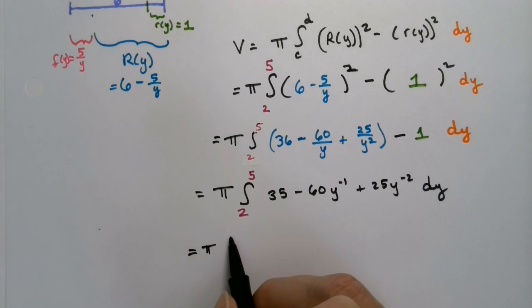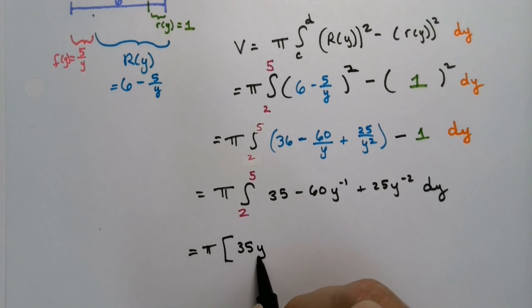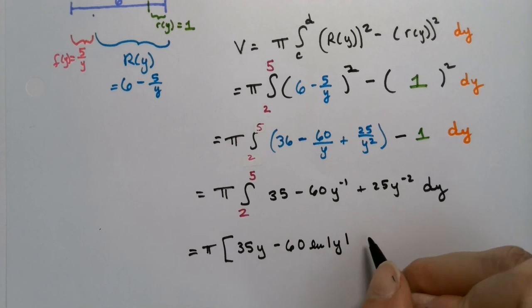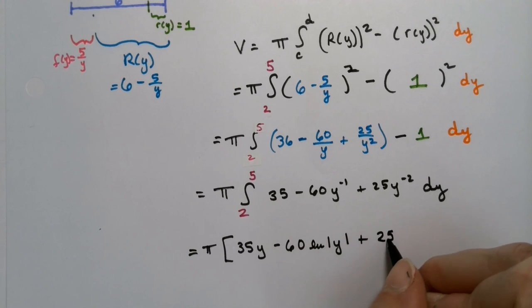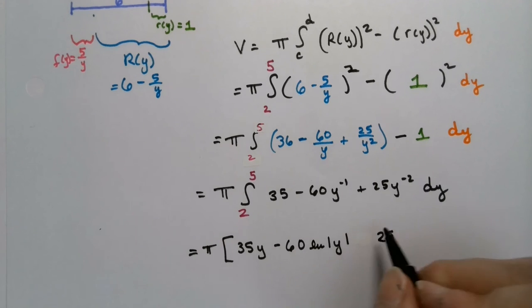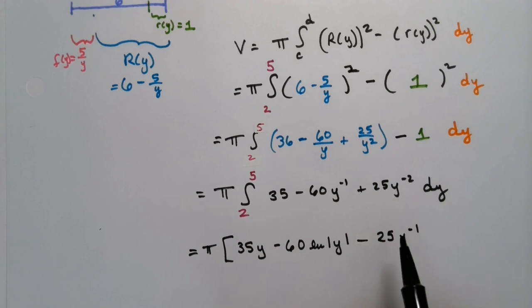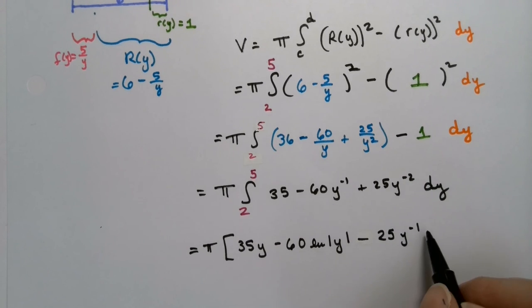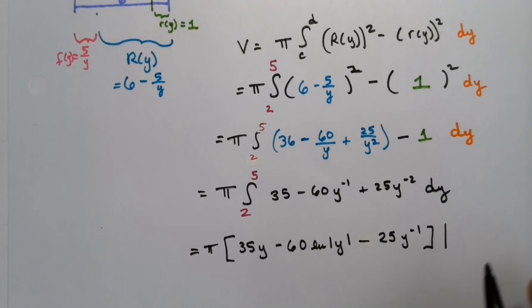That's pi times 35y minus 60 natural log of the absolute value of y, minus 25 y to the negative 1, because we add 1 to the power, then multiply by the reciprocal of that power, which will turn the plus into a minus. And we're going to take that from 2 to 5.